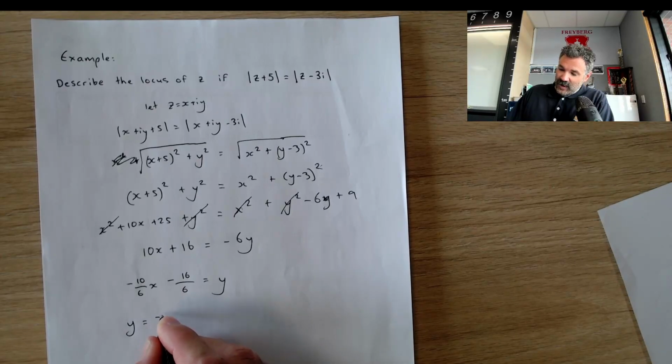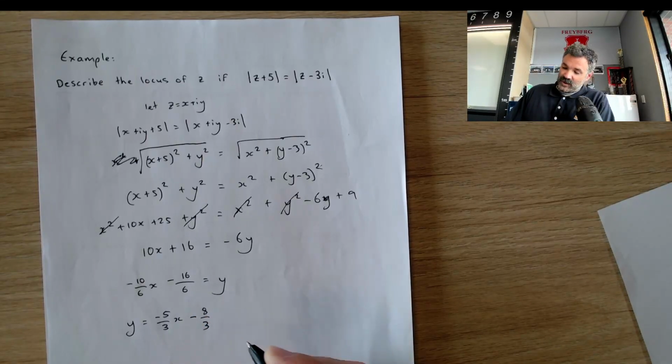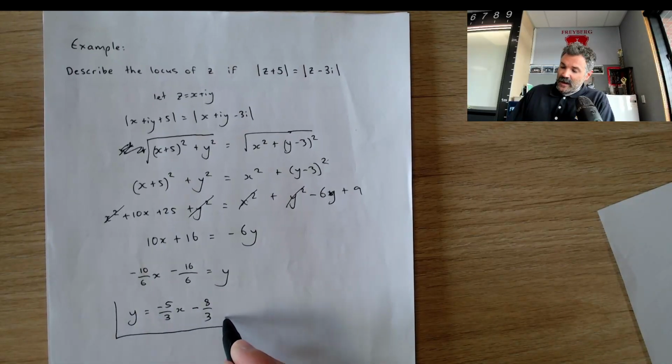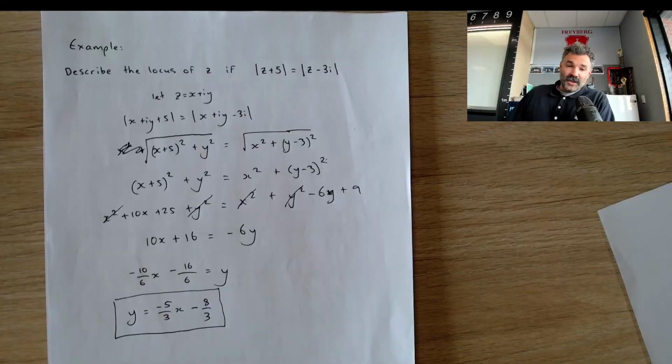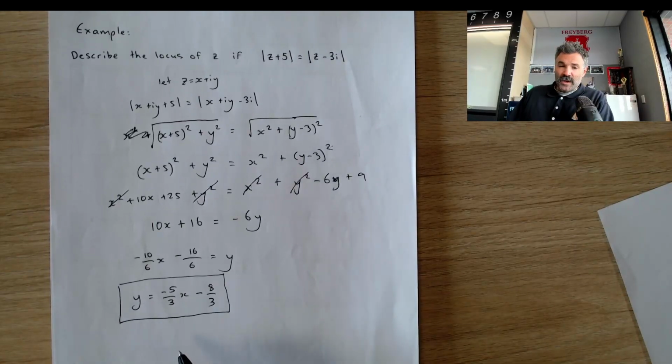I can simplify that as well. Negative 5 over 3x, and I can simplify this as well, minus 8 over 3. Just halving all of that. And this now is a line. You're hoping that it either boils down to be a line or a circle. The hardest type of questions are an ellipse. We might save them for another video. And that's finished. So we can talk about this now.